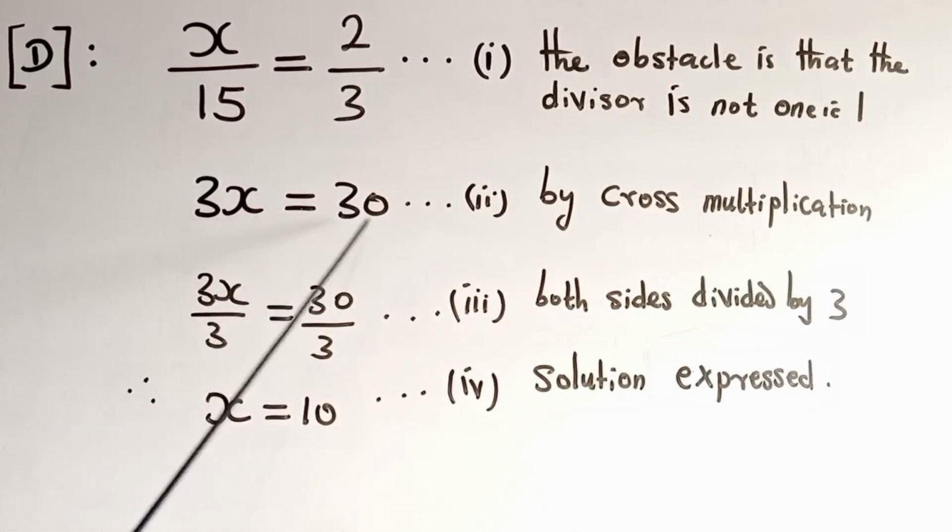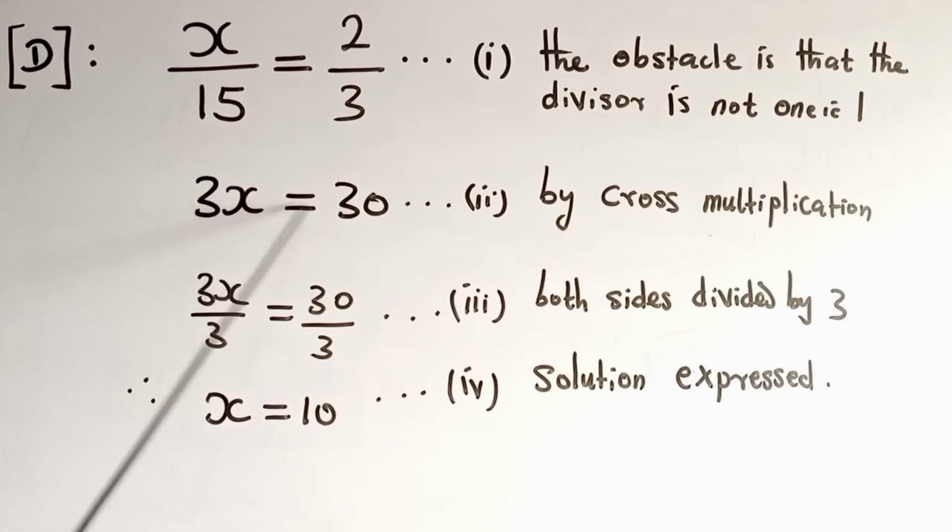This way, there is no longer any fraction in that equation. It means that on both sides, we now have the divisor as 1, and that was achieved by cross multiplication, as we find in the corresponding comment. Next, we tackle this equation as before.